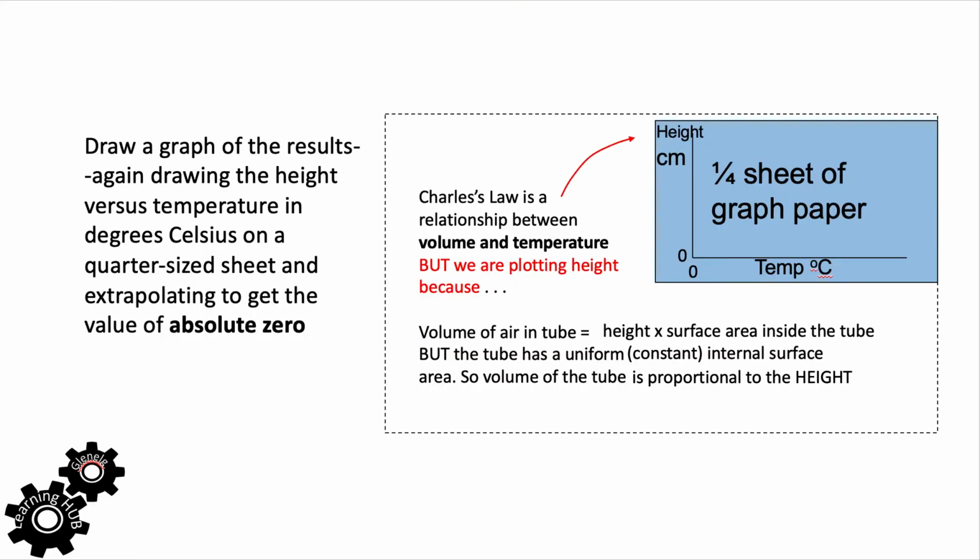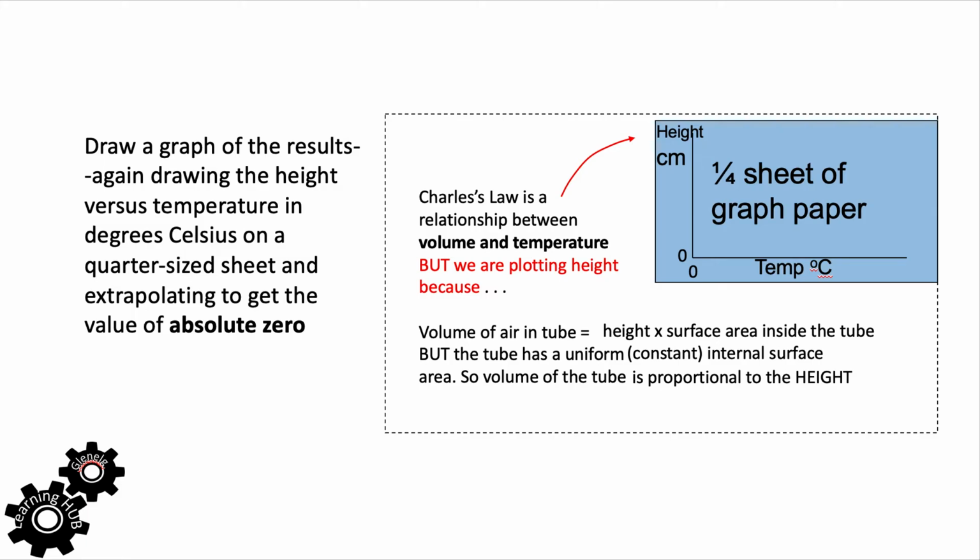Have your graph paper with the top right-hand quarter, when it's landscaped, paper's turned essentially on its side, and here we're going to plot before volume and temperature, but here we're actually plotting the height.